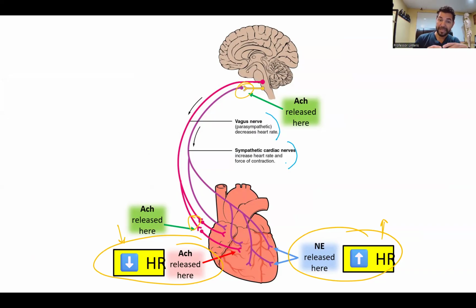There's a nerve that comes from the brain called the vagus nerve. That is a parasympathetic nerve, and that controls slowing down of the heart rate via the mechanism we just talked about. And there is another nerve that will cause an increase in heart rate via the release of adrenaline, right? Via the sympathetic nervous system.